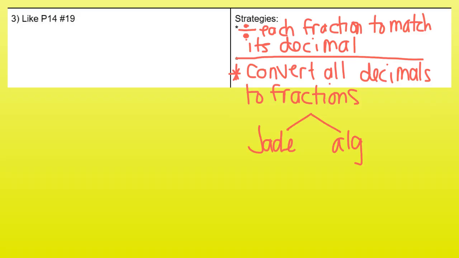The next one, Jade's pattern says I'd have 351 on top and 999 on the bottom. You just have to remember to simplify. So it doesn't matter whether you're starting with the fraction and making decimals, or you're starting with the decimals and you're making fractions. You just need them to match. Pause me here and get caught up.